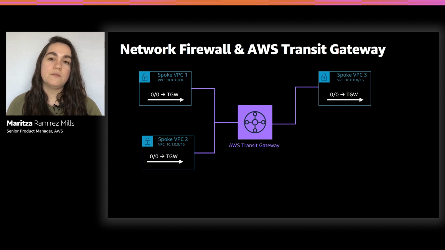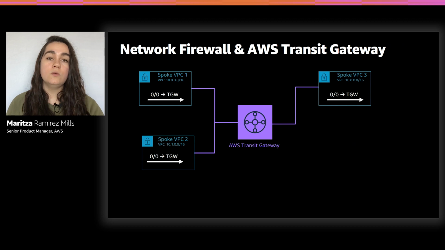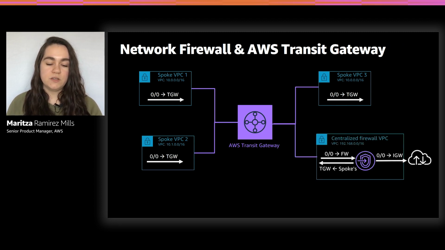In order to add a firewall to inspect all traffic that is, for example, going between spoke VPC 1 and spoke VPC 3, you'll want to deploy a firewall into its own VPC like what we just saw, with the difference being that that VPC is going to be attached to the transit gateway. Once that VPC is attached to the transit gateway, you'll then make updates to your transit gateway route domains so that any traffic traversing the central hub is going to send traffic first to the firewall VPC for inspection before being forwarded on to its final destination.